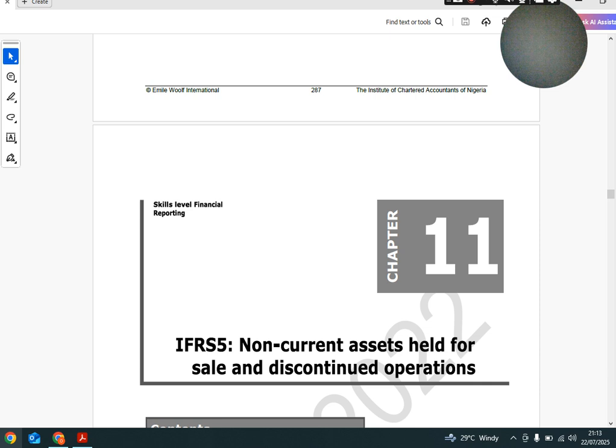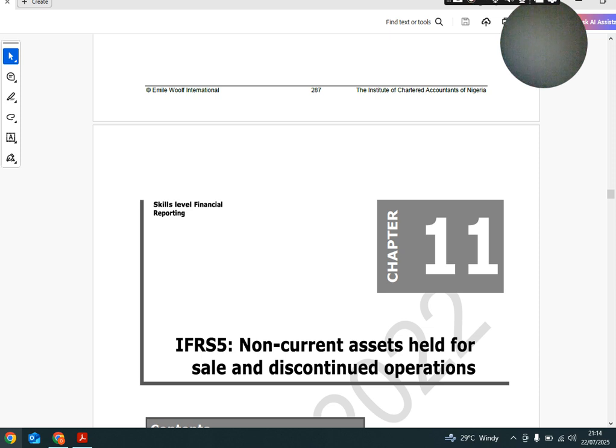IFRS 5, non-current asset held for sale and discontinued operation, right? So after today's class, please let's try as much as we can to read more on this standard, right?